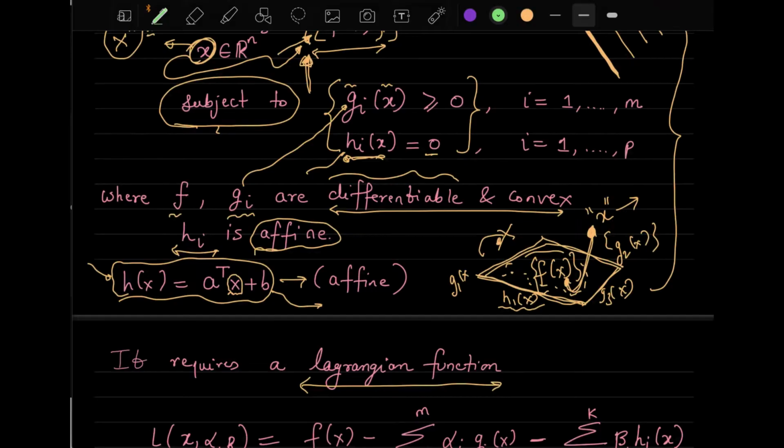See, first of all, if there is a single constraint like this, if you have g1x like this and an objective function which looks like this, then what you are saying is true, because that point will lie here, on the boundary of gix.